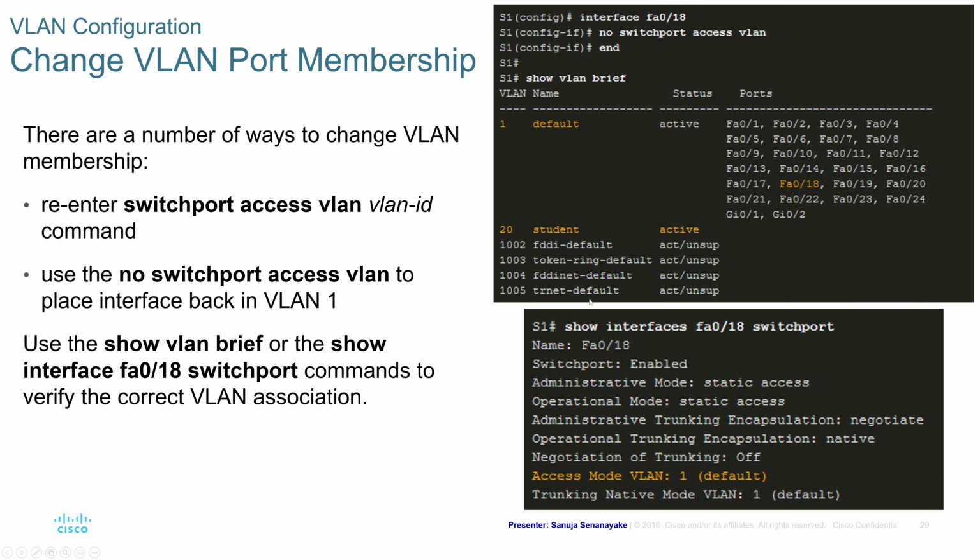If you also enter show interface FA0/18 switchport, that will give you information related to that switch port and what mode it is in, because now we have removed any VLAN association. You can see with this summary information that it is on VLAN 1. So this confirms that FA0/18 is now associated with VLAN 1.